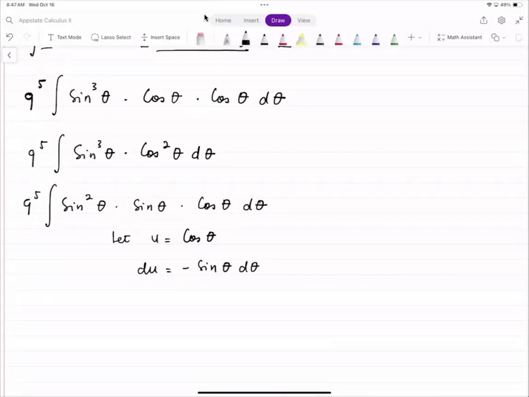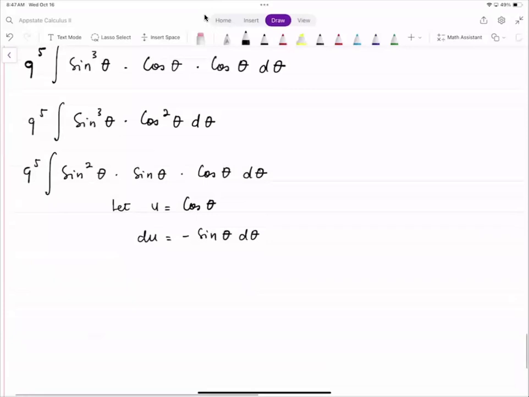So that way we can see that here we have 9 to the power 5 integral. Remember we said, let me write that one here, we know that sine squared theta is the same thing as 1 minus cos squared theta. We know this already.